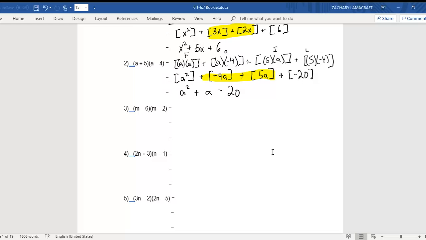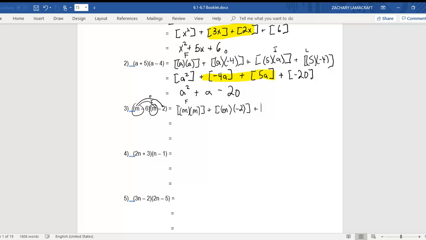Okay, well, I guess I'll do that then. So our first bracket, or our firsts, would be M and M. So M times M. Our outsides, so here and here, would be M and -2.